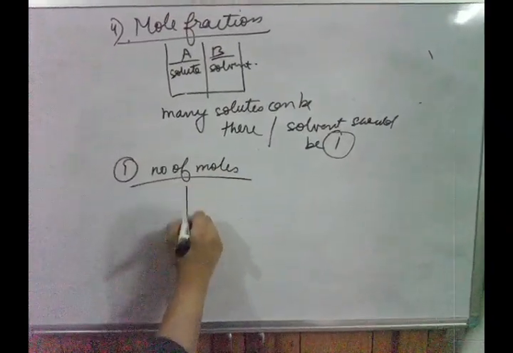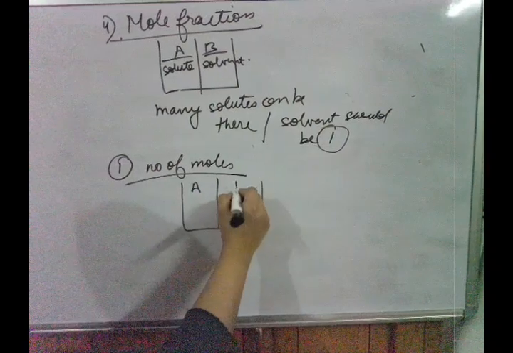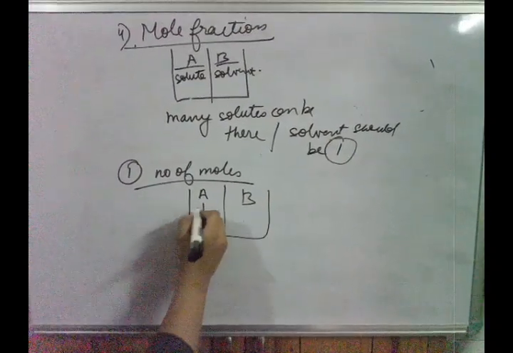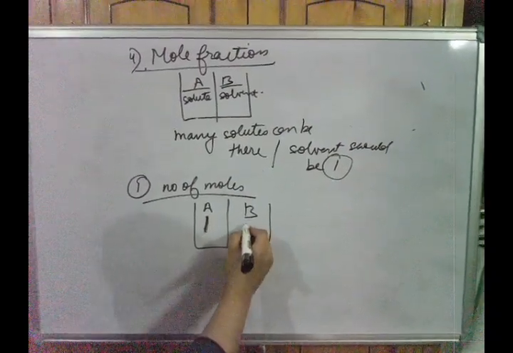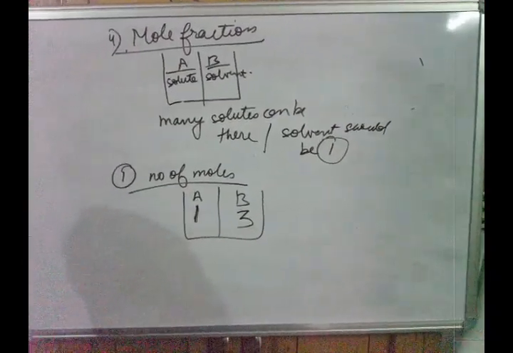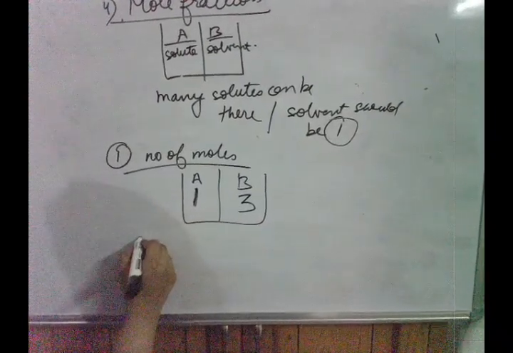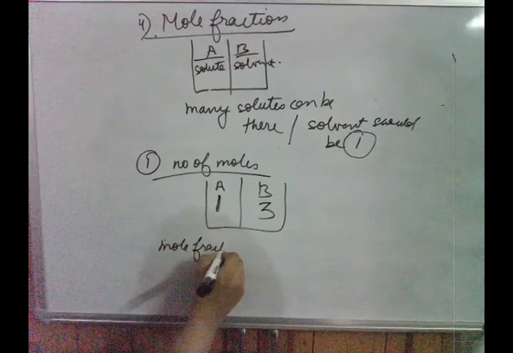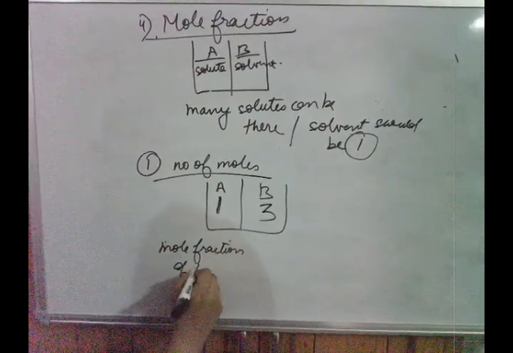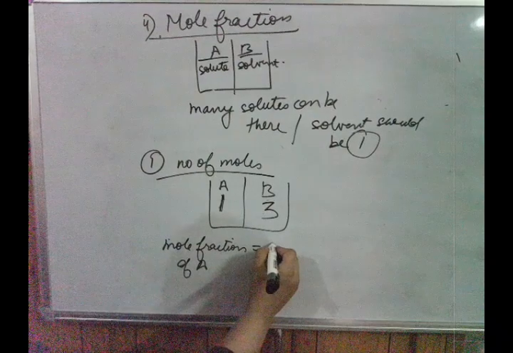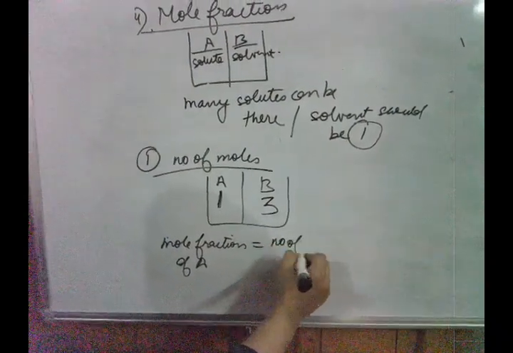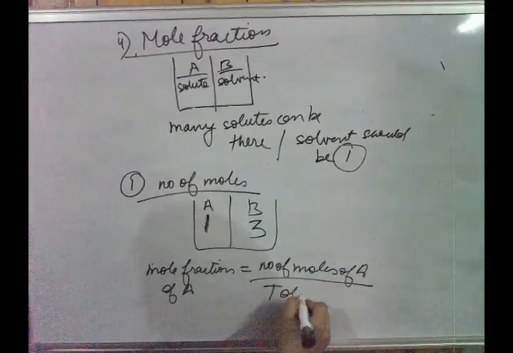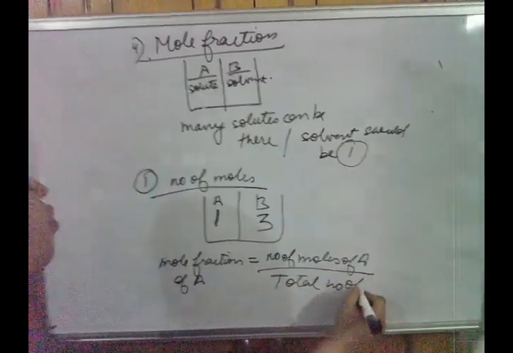For example, in this, if A moles are 1, they are giving you the moles only. A, number of moles are 1 and B there are 3 moles. Now if we have to calculate the mole fraction, if simply they say to calculate mole fraction of A first of all, what we will be doing is number of moles of A by total number of moles.